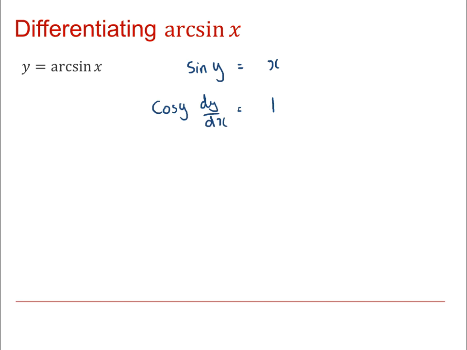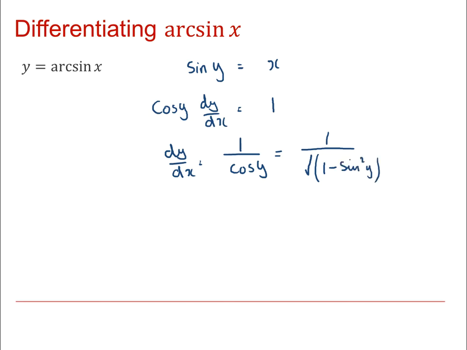We can then rewrite that to say that dy by dx must be equal to 1 over cos y. But we'd like to get this as a function of x. We can do that by using the trigonometric identity that cos squared plus sine squared is equal to 1, and therefore cosine of y must be the square root of 1 minus sine squared y.